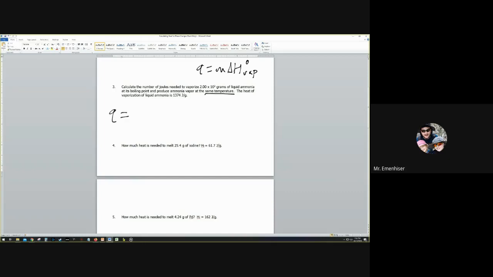And so Q equals the mass, which is 200 grams times 1374 joules per gram. So notice in this question, they tell us that the heat of vaporization for ammonia is this. And so we multiply these out, grams cancels, and we get 274,800 joules, or 275 kilojoules if we wanted to round a lot.